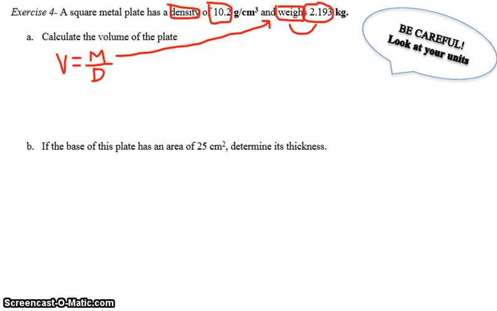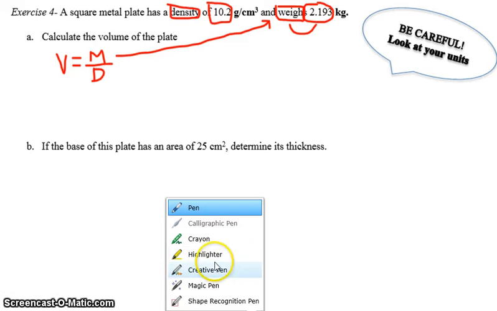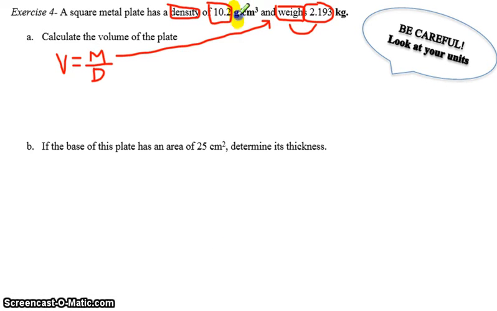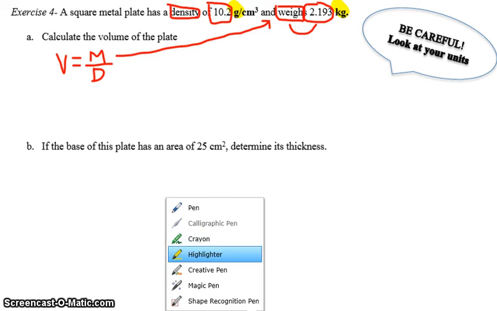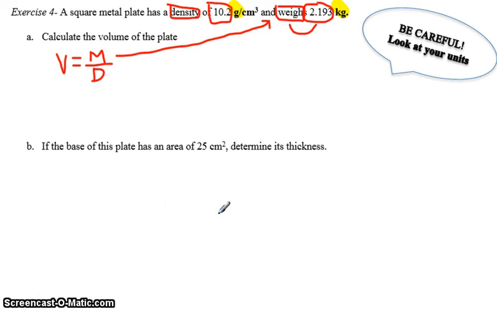However, you should notice something over here. You should see that this is in grams and that's in kilograms. So, before you start the problem, you're actually going to convert your kilograms into grams. So let's look down here. You should know that there are 1,000 grams in a kilogram.